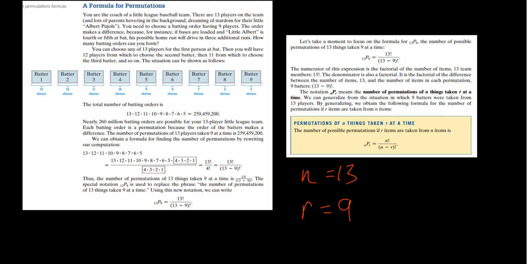We use the formula we see here. n being 13, you'd write 13 factorial, and then n minus r, so 13 minus 9 is 4, so it would be 4 factorial. So this example would be 13 factorial over 4 factorial.